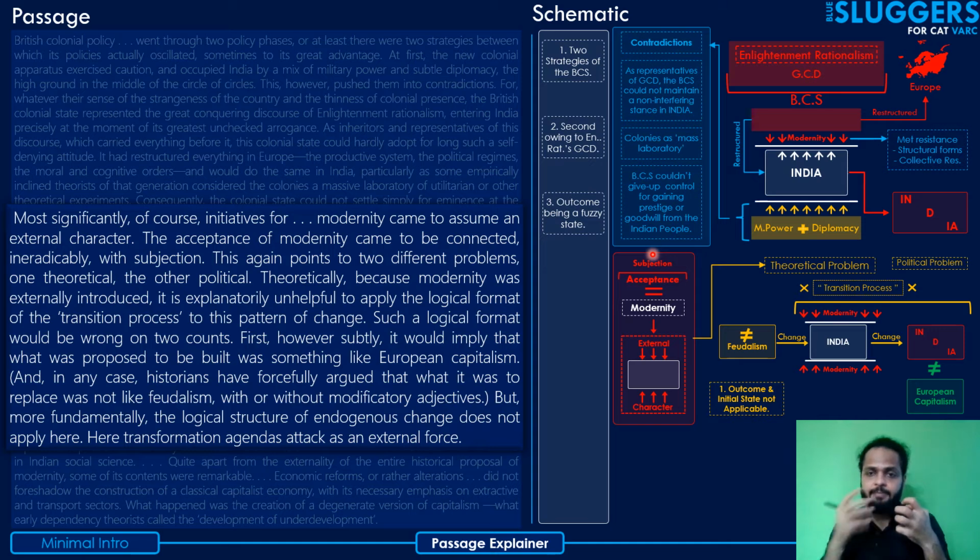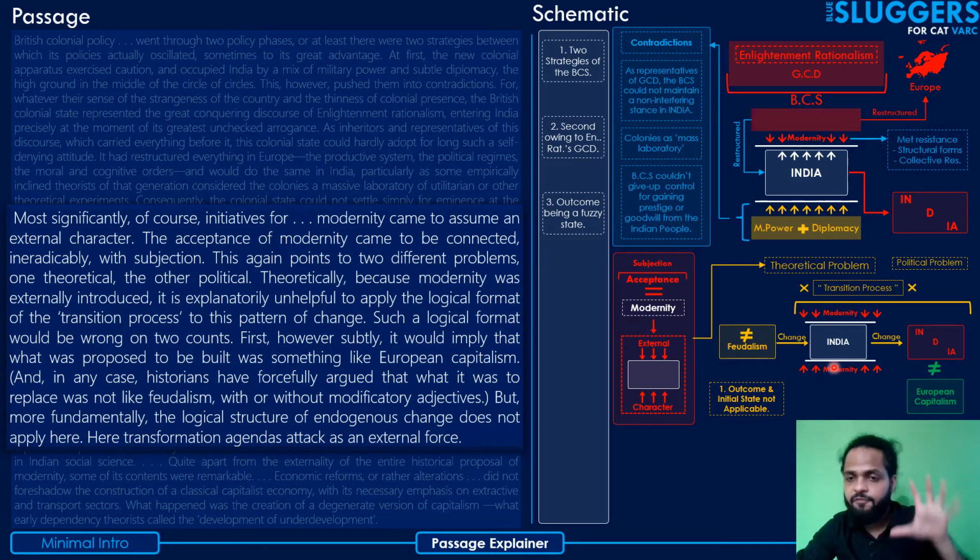Any change that happens by itself in a system is an endogenous change, as opposed to an exogenous change that comes from outside, that is forced upon from outside. So he says that the more fundamental reason why this structure cannot be applied here is because the logical structure of endogenous change, which is required for this process, is not true here.